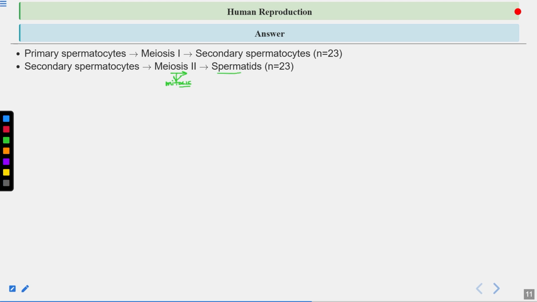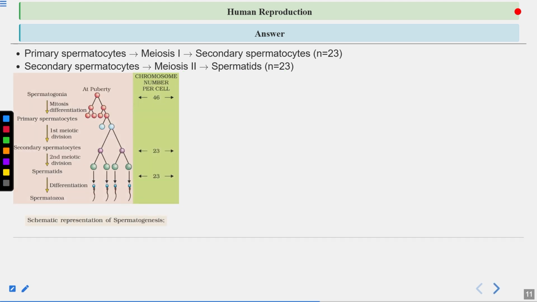This gives rise to spermatids, which are haploid, meaning they have 23 chromosomes. We have already discussed this graphical representation of spermatogenesis. It shows the chromosome number per cell, the process of spermatogenesis using these cells, and what kinds of cells are produced.